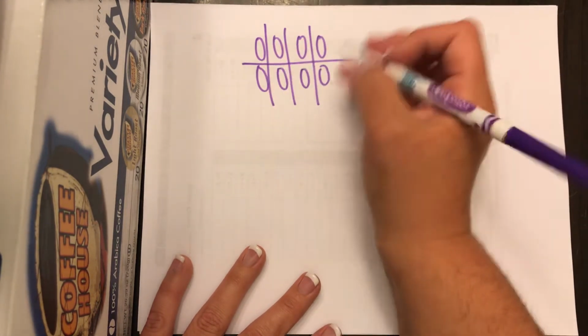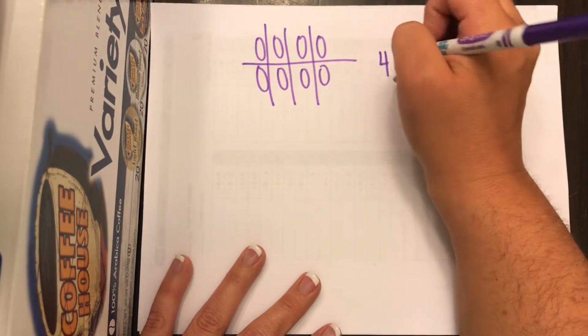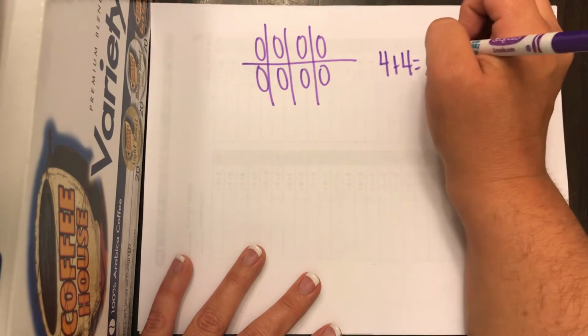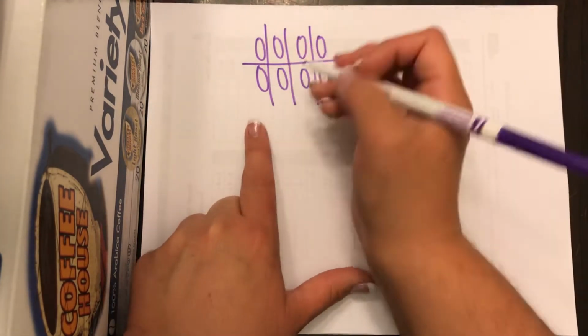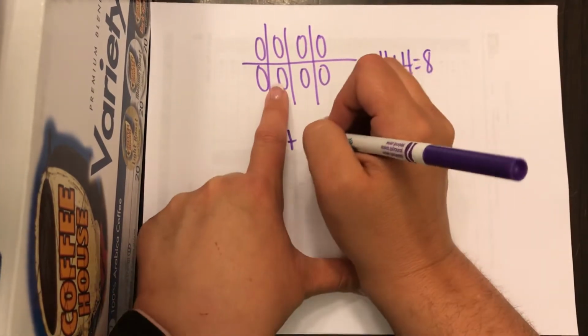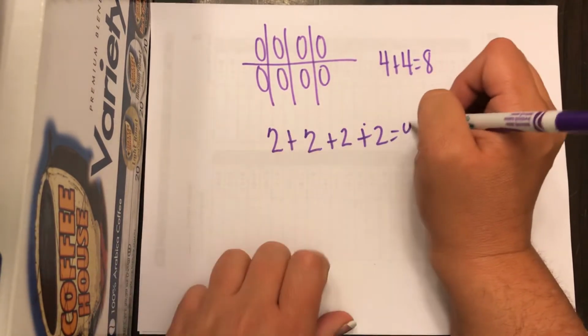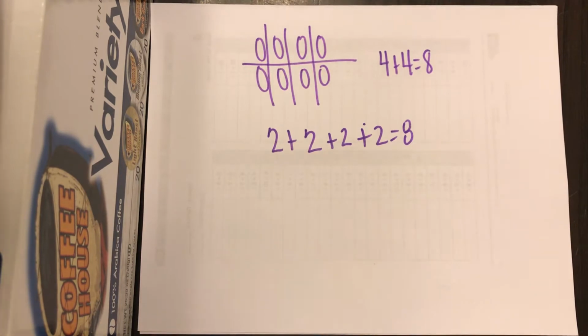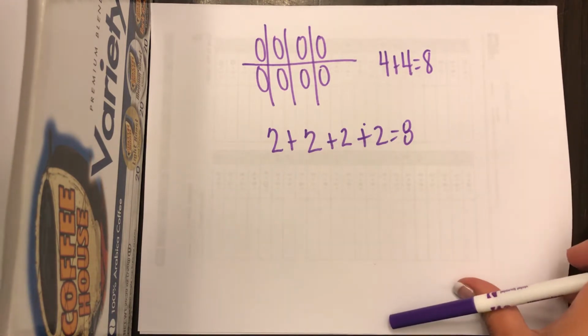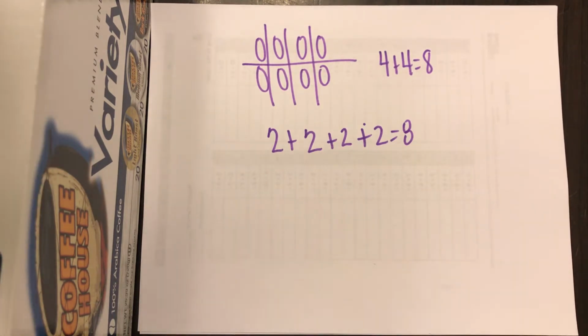So you could do the rows in repeated addition, which is 4 plus 4, which equals 8. Or you could do the columns. 2 plus 2 plus 2 plus 2 equals also 8. Okay? So that's basically this one today, was looking at this and doing the repeated addition as well.